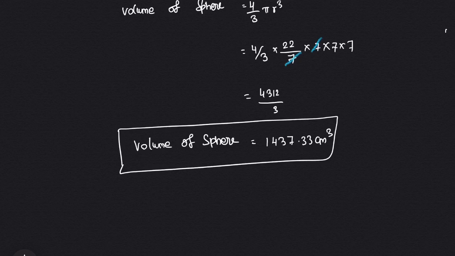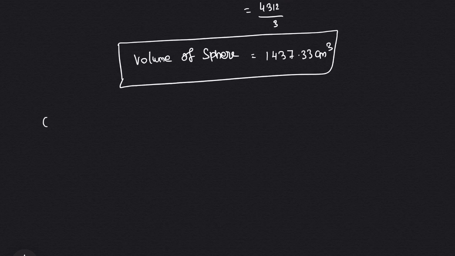Next one. The second question, the radius r is equal to 0.63 meter. Fractions are a little bit complex, so we convert the fraction into a whole number. 0.63 is equal to 63 upon 100.